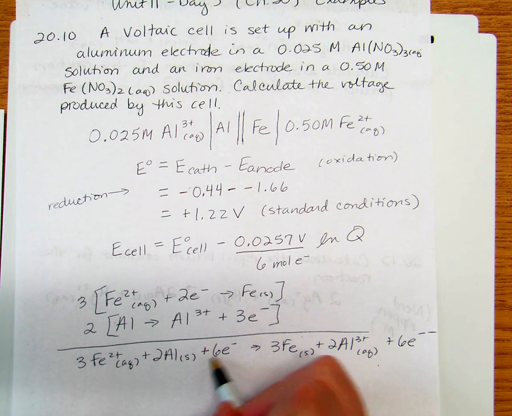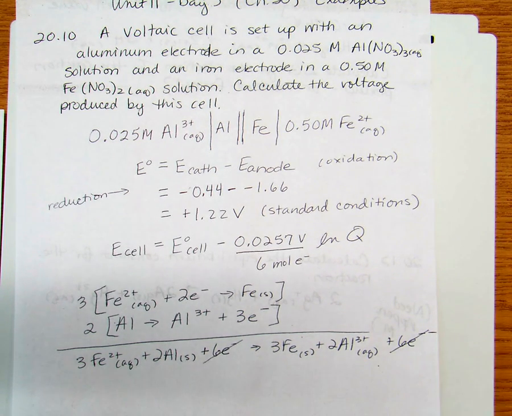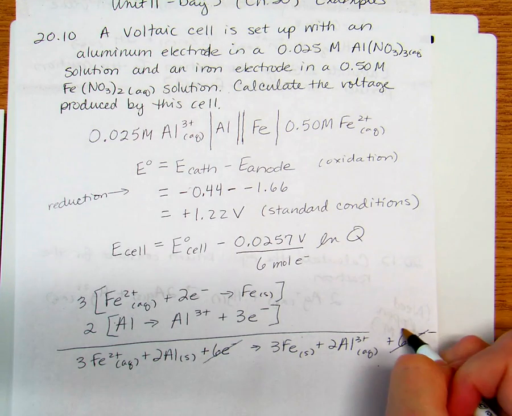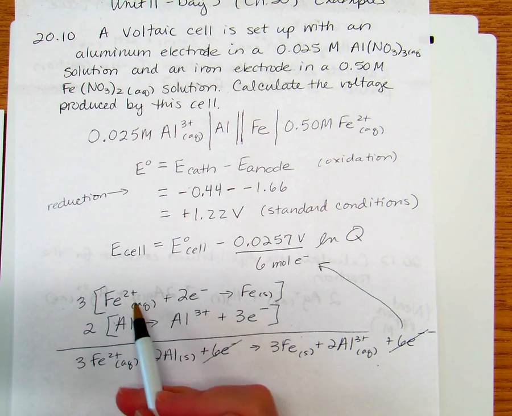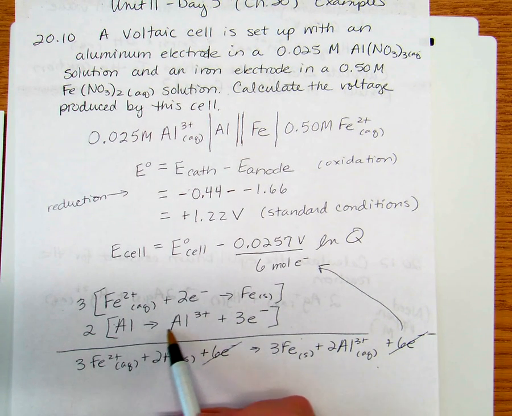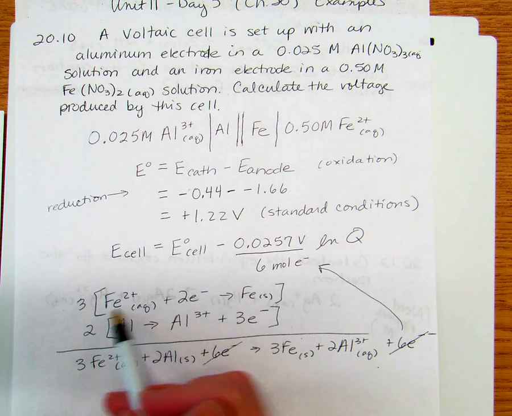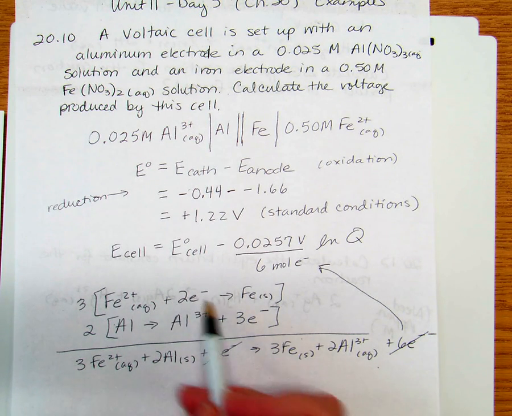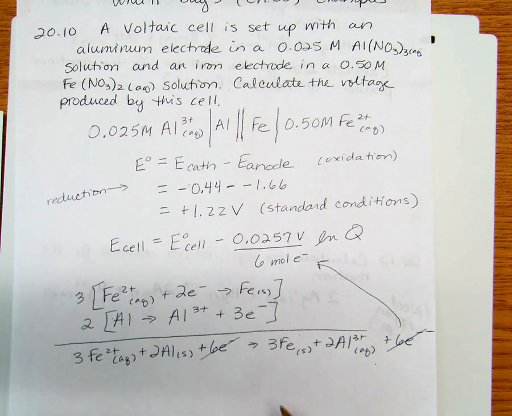The 6 electrons technically leave. They're the same on both sides of the equation, so we take them out. But that's where our 6 moles came from. It took 6 moles of electrons to reduce the iron and oxidize the aluminum because of the 2 half reactions that they came from.